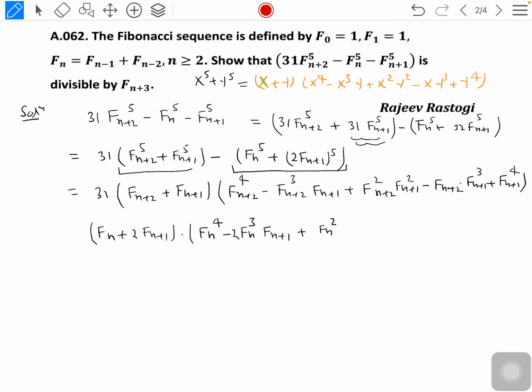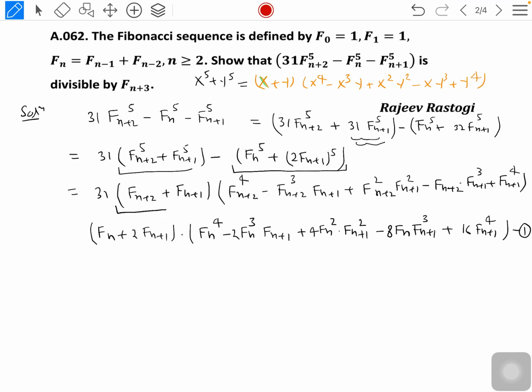The next term is f(n)^2 into (2 f(n+1)) whole square, so it takes the form 4 f(n)^2 into f(n+1) whole square. The next term is minus f(n) into (2 f(n+1)) whole cube, so we can write 8 times f(n) into f(n+1) whole cube. And the last term is 16 f(n+1)^4. Okay, that's the first equation.